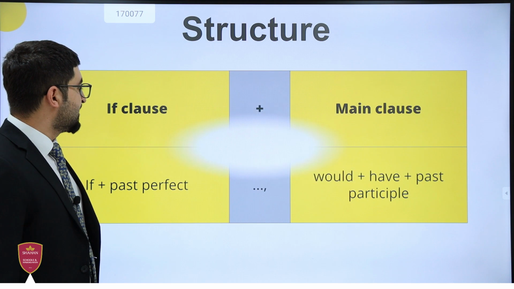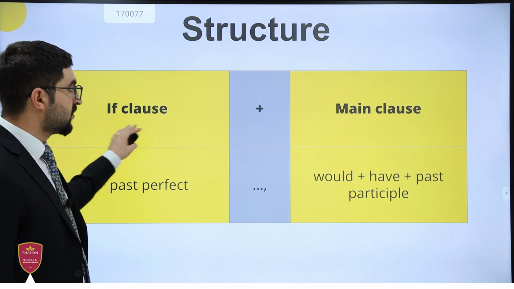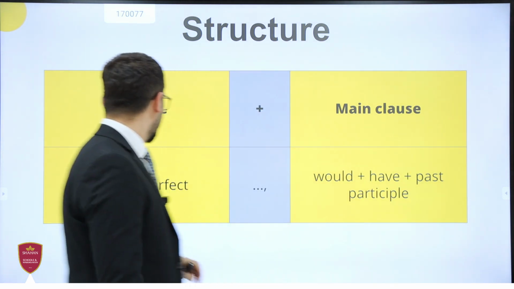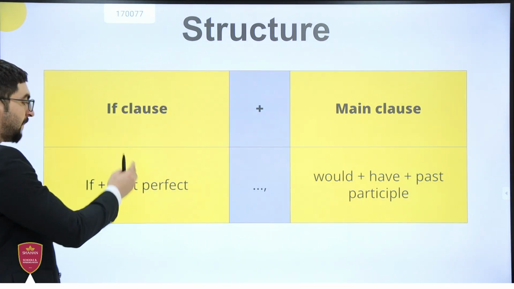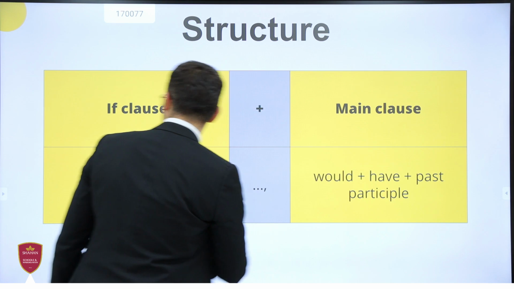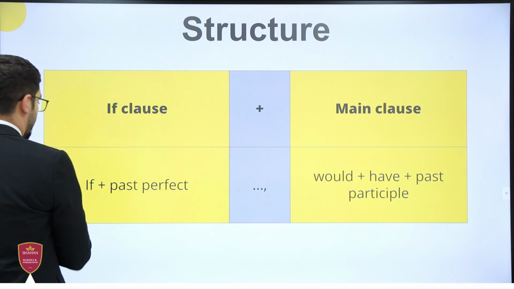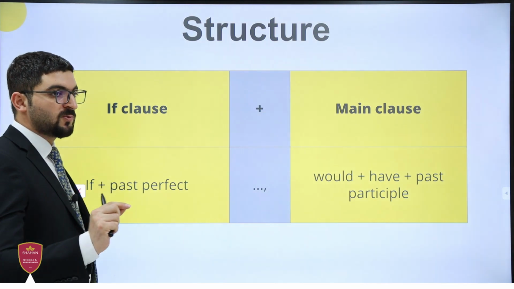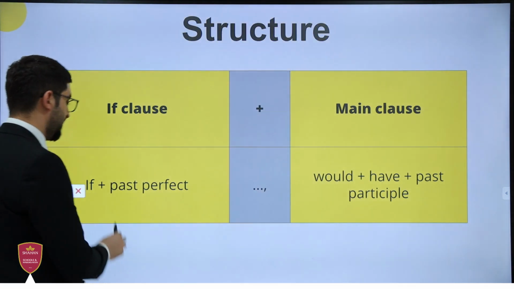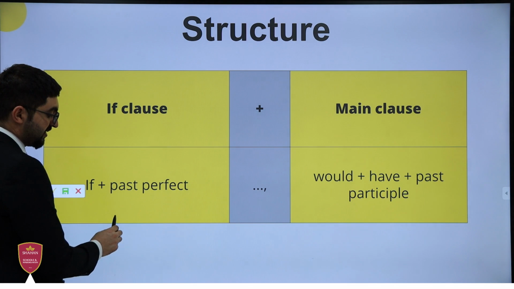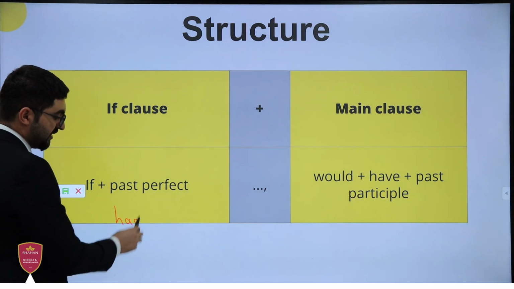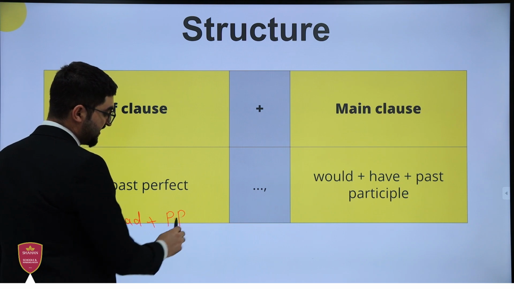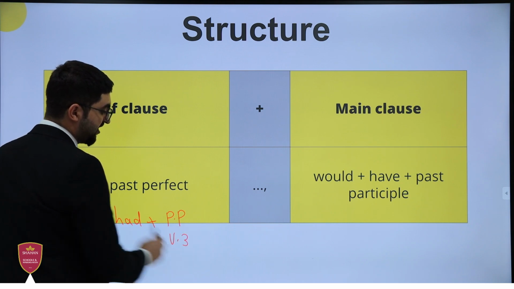Okay, the structure is easy again. So if clause plus main clause, it could be vice versa too. For example, if plus past perfect, plus would. Look guys, you know past perfect, do not confuse it with what? With present perfect. Why? Because past perfect is had plus, for example, you can say past participle or verb 3.